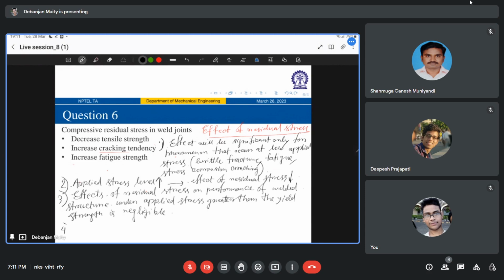What else? The effect of residual stress tends to decrease after repeated loading.